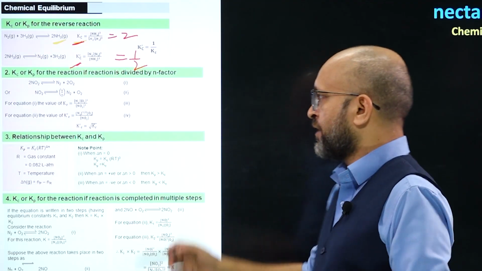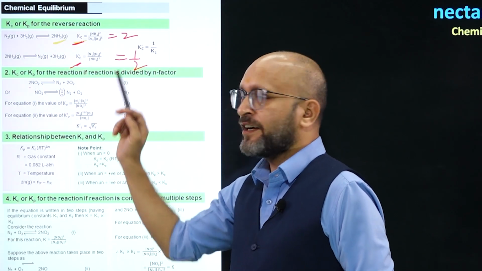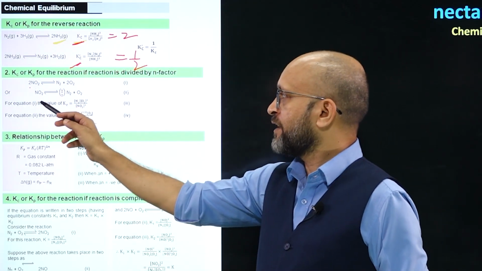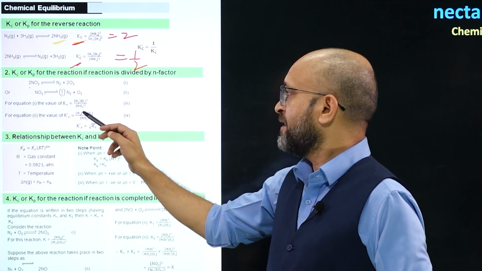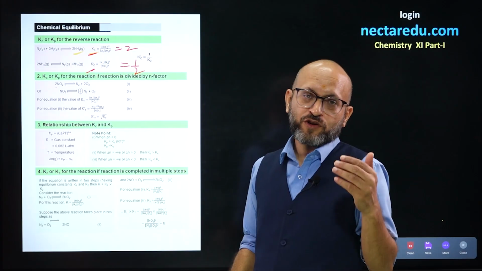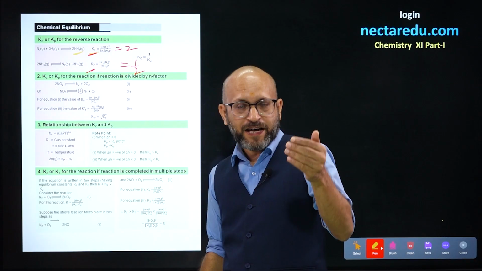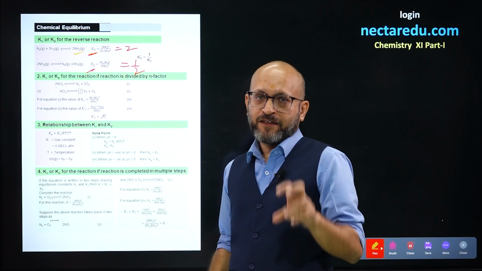For example, we have the reaction 2NO2 gives N2 plus O2. In another reaction, we have divided the previous equation by 2. So, Kc dash equals Kc to the power 1 by 2. That is what I was saying. If you multiply by n or divide by n, then you take the complete value.